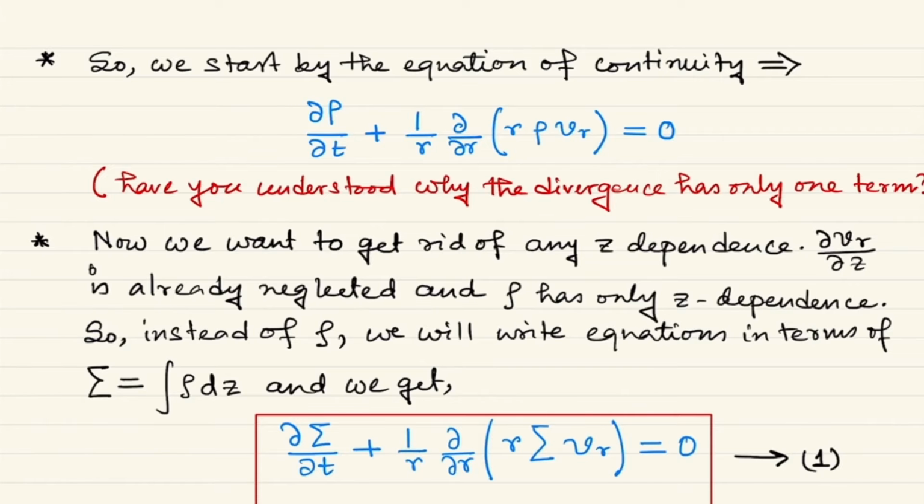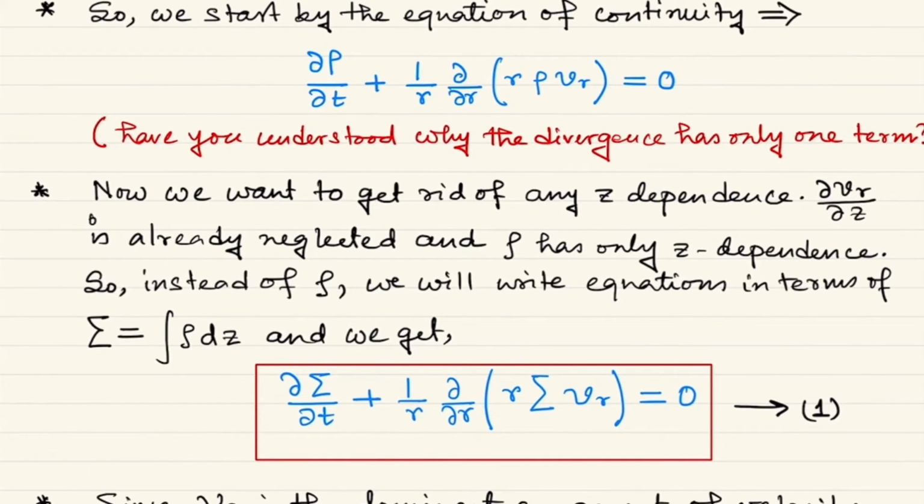And for that you can see that the continuity equation becomes simply, you multiply every term with dz and then you integrate, and you will have del sigma del t plus 1 by r del r within bracket r sigma vr equal to 0.